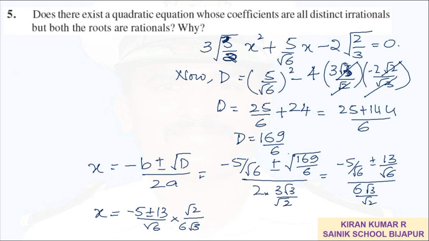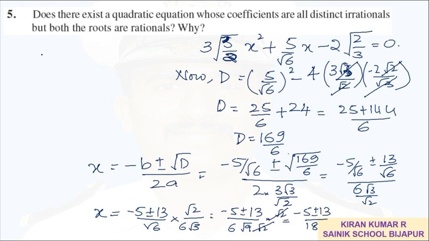Here when you multiply this, it becomes root of 18. Root 6 into root 3 is root of 18. So minus 5 plus or minus 13 divided by 6 root 18, which is root 9 into root 2 into root 2. Root 2 cancels. Under root 9 is 3. 3 times 6 is 18. We get minus 5 plus or minus 13 by 18.